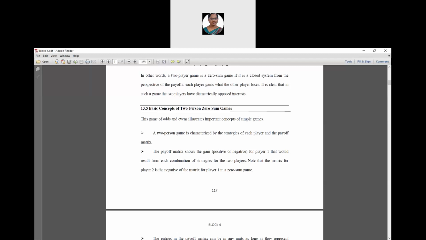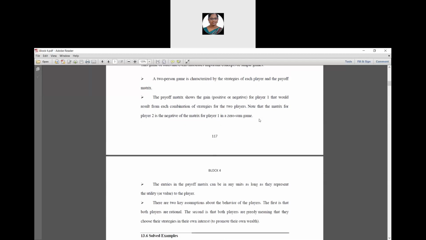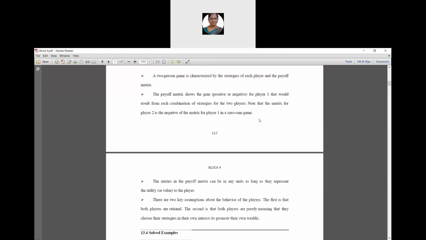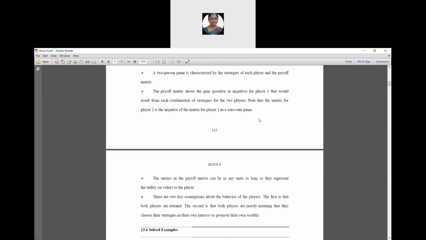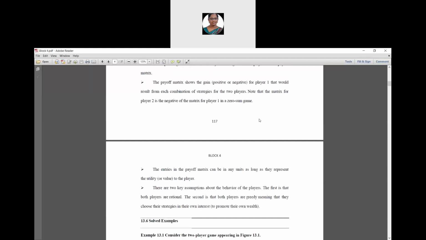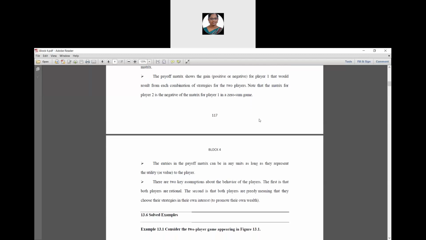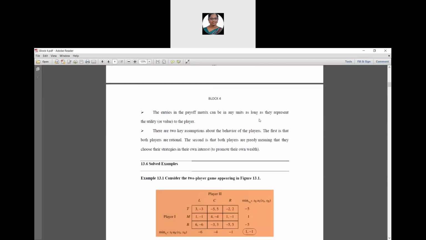Second thing is the payoff matrix shows the gain, positive or negative, for player 1 that would result from each combination of strategies from the two players. It is noted that in a zero-sum game the matrix for player 2 is the negative of the matrix for player 1. Next thing is the entries in the payoff matrix can be in any units as long as they represent the utility or value to the player.